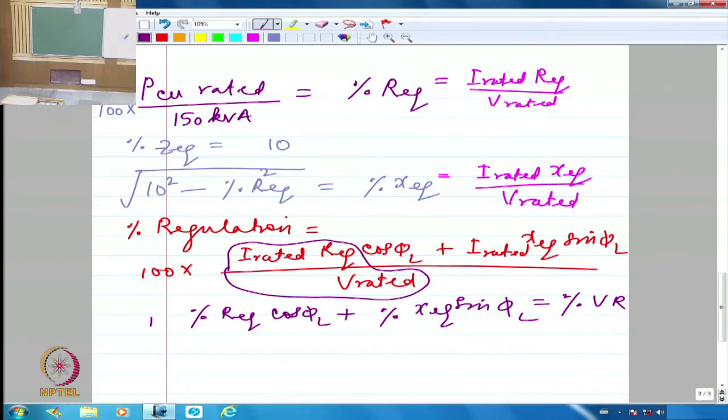Right? Is this clear? So this is based on per unit or percentage expression of the impedances, resistances, reactances, and so forth. Right? Any questions on this?